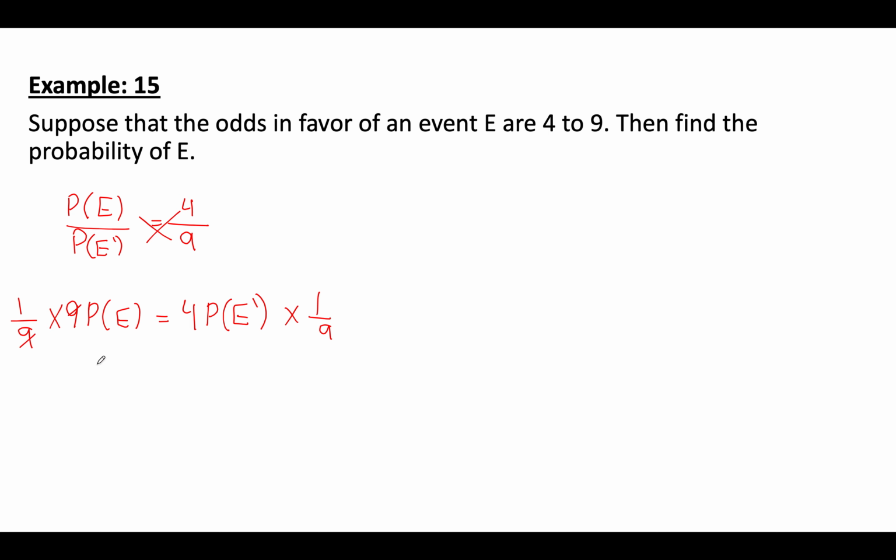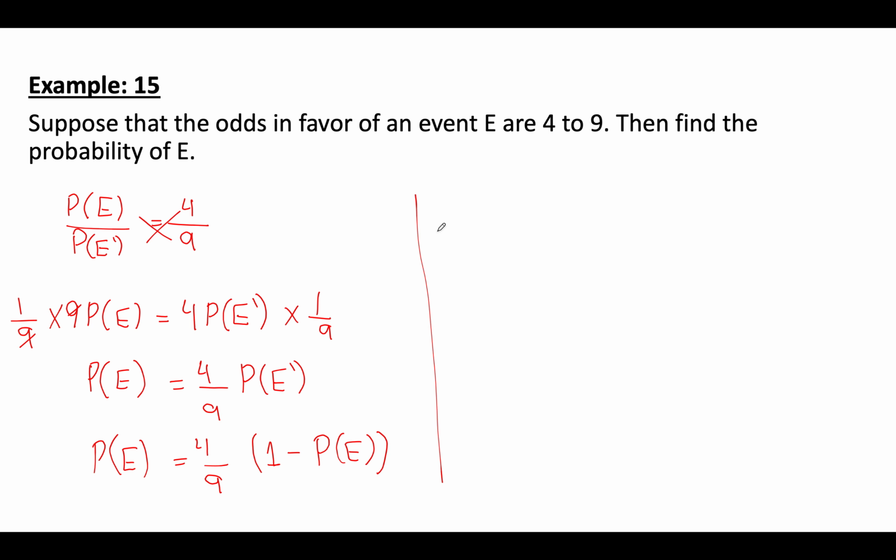So 9 goes with 9, then we are left with the probability of E equal to 4 over 9 multiplied by the probability of E complement. Okay, so we already knew that in order to find the non-occurrence of an event, we just need to subtract the occurrence of the event from 1. So the probability of E is equal to 4 over 9 times 1 minus the probability of E.